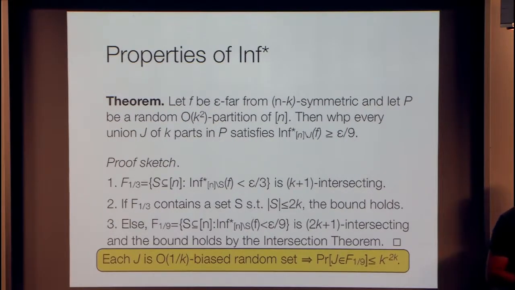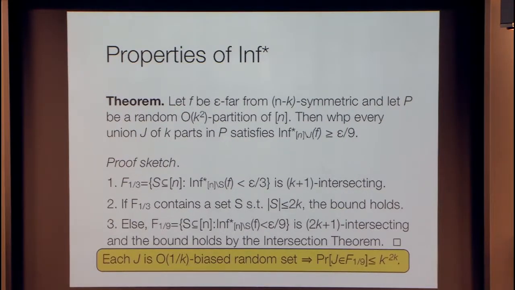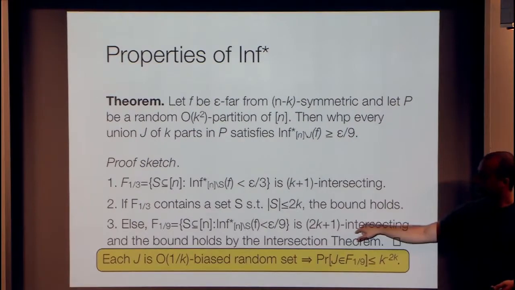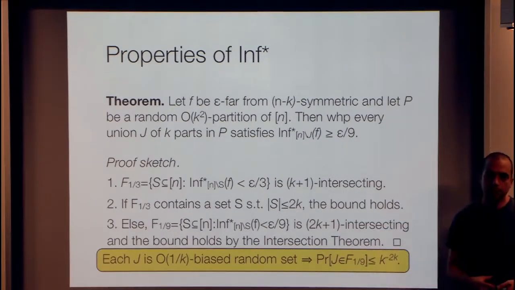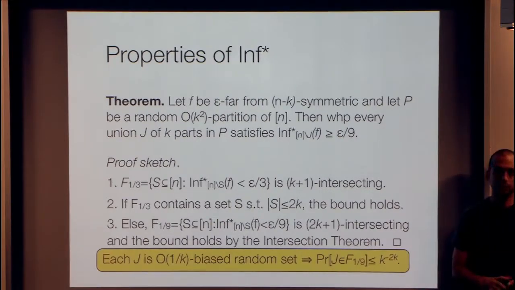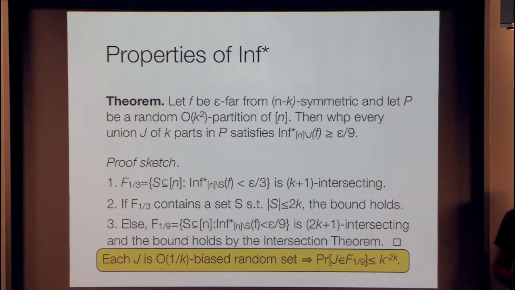It's a random 1 over k biased set. And so now we apply this intersection theorem to say the probability that it's in this family that has very large intersection size is going to be extremely small, so small that we can actually apply now the union bound over all potential ways to choose k of the k-squared parts. And this is the proof.